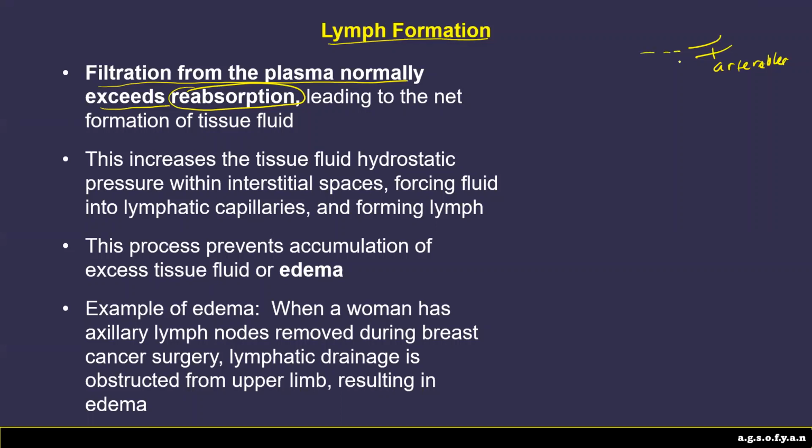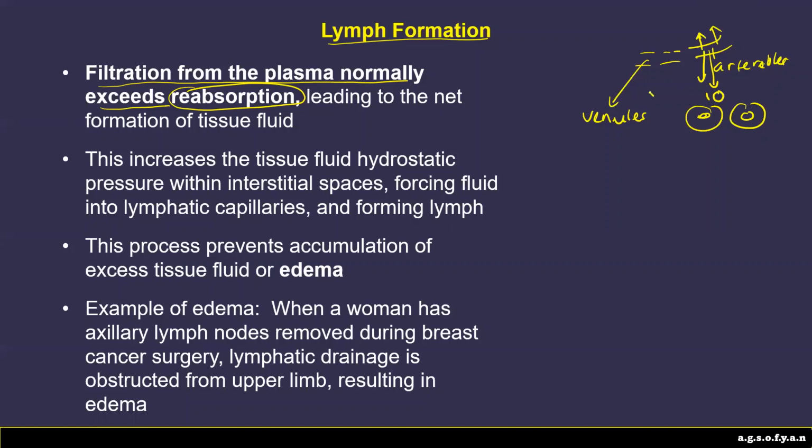Okay, and combined with venules. Okay, and arterioles will push water and many other substances into this space, the interstitial fluid. So usually the pressure, the filtration will be higher, right?